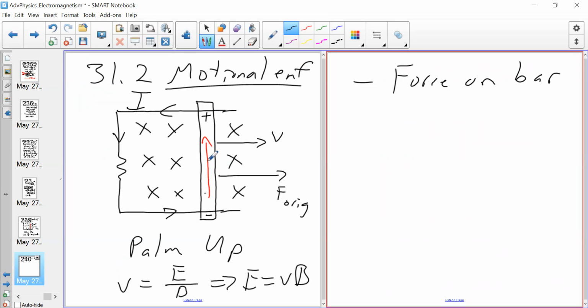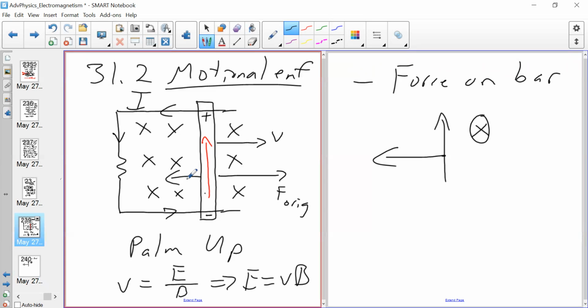So current is up, magnetic field is in, magnetic force will be to the left.